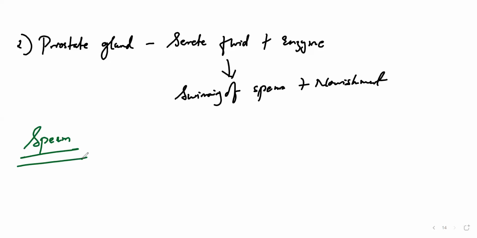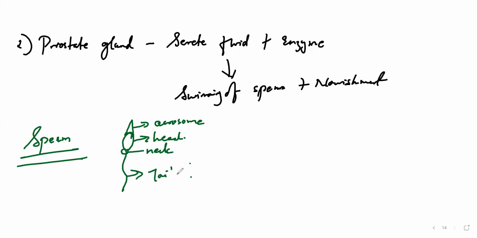Now if you see the structure of the sperm, this is how it looks like. This is the tip which is called the acrosome. Then there will be a head, a small neck over here, and then the tail for the motility purpose.